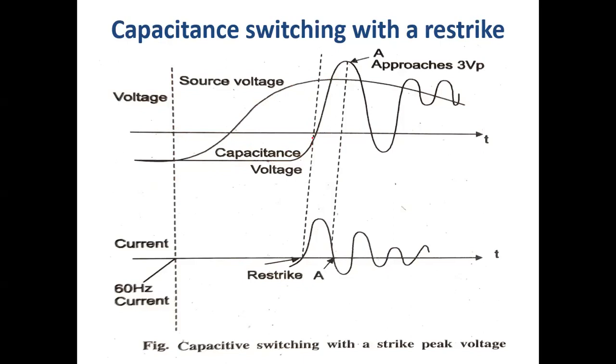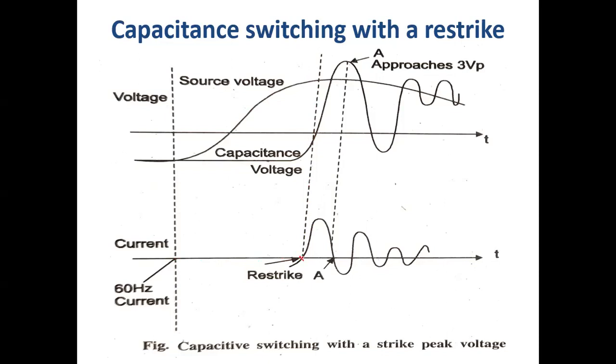Whenever a circuit is in normal condition, current will be flowing through the circuit, and so we get the normal voltage waveform, and the capacitance will be in charging condition. Until this point, the capacitance is in charging condition. Whenever the source voltage is at its maximum position, at that instant the current becomes zero.